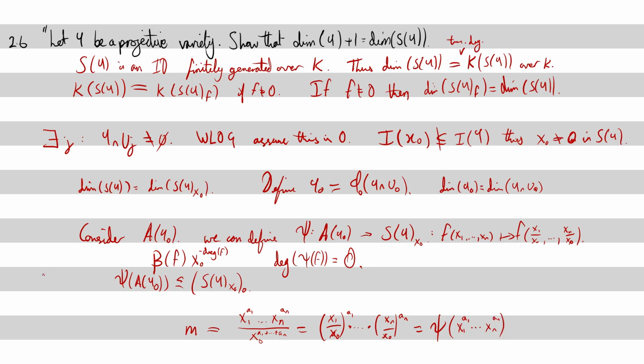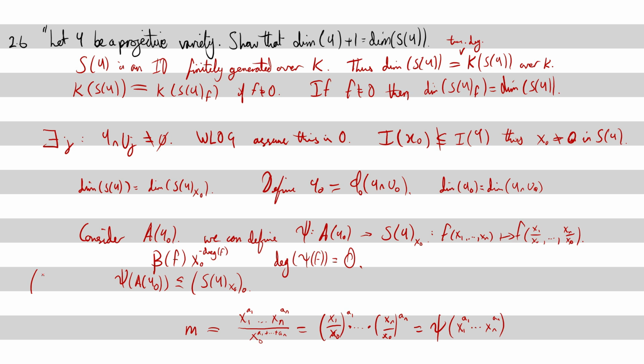Thus, we also have a double inclusion, with the additive generators being the image of what we have here.